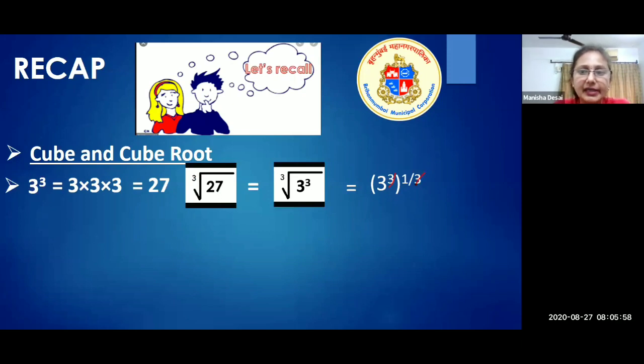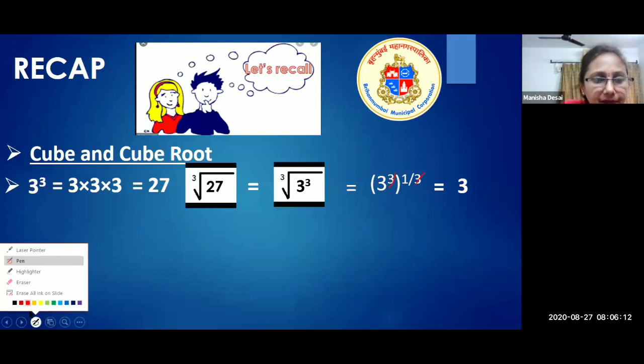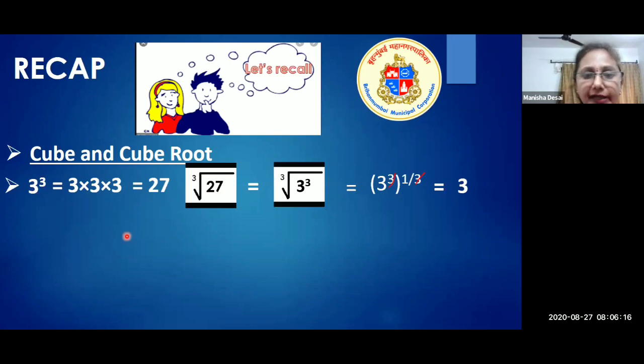What is remaining is 3 raised to 1, and 3 raised to 1 is nothing but 3. So we can say that the cube root of 27 is 3. Have you understood what is the cube root of 27? The cube root of 27 will be 3.